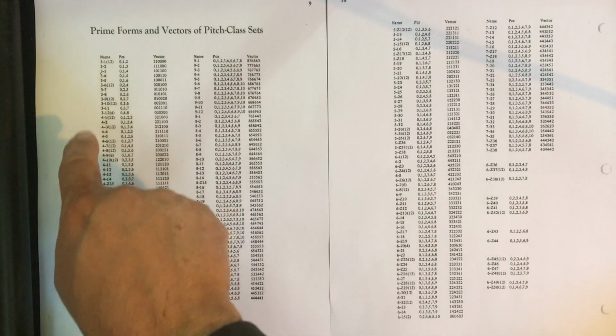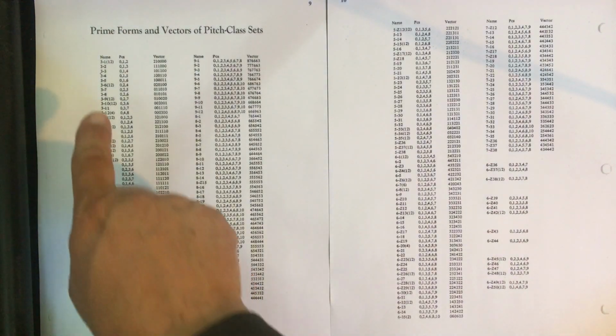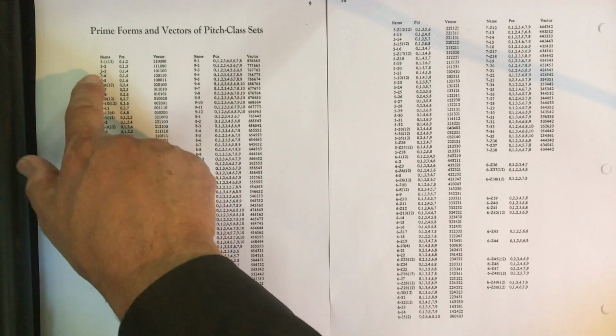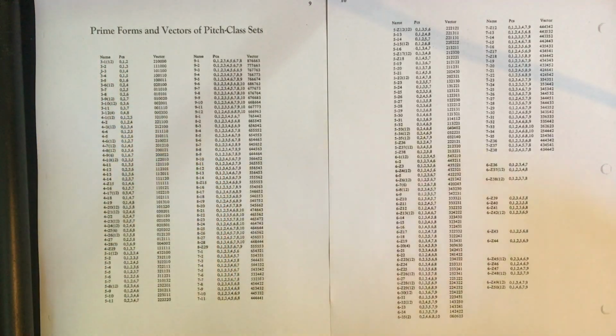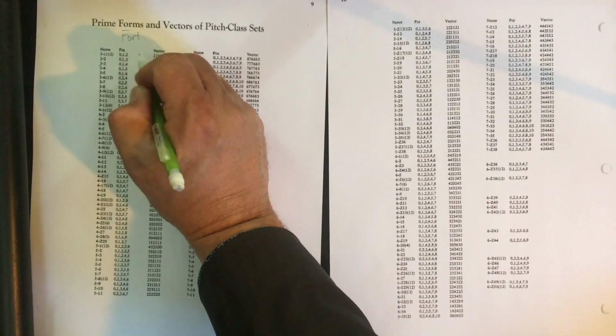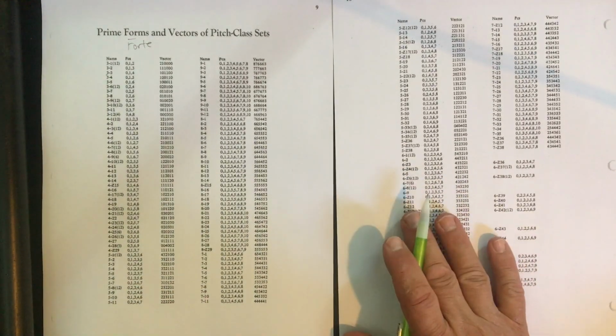These represent set classes, and each set class contains up to 24 unique pitch class sets. Okay? And so, how is it organized? Well, the first column is the name that Allen Forte, the theorist who put this together, gave them. I think there's an E on the end of Forte if I'm recalling correctly. And how they're organized is, you can kind of see it's almost like alphanumeric order.